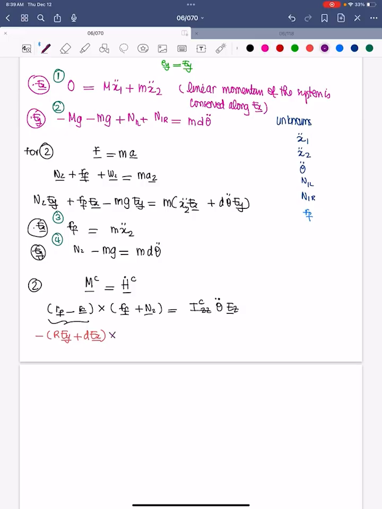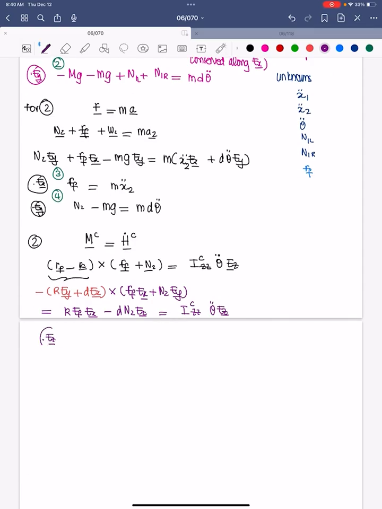minus R EY cross D EX plus FF EX plus N2 EY. That's equal to R FF EZ minus D N2 EZ, equal to IC ZZ theta double dot EZ. So dot with EZ, I will get that R FF minus d N2 is equal to I C ZZ theta double dot.